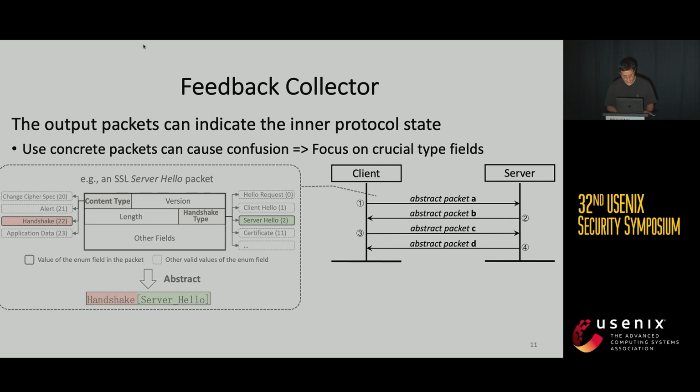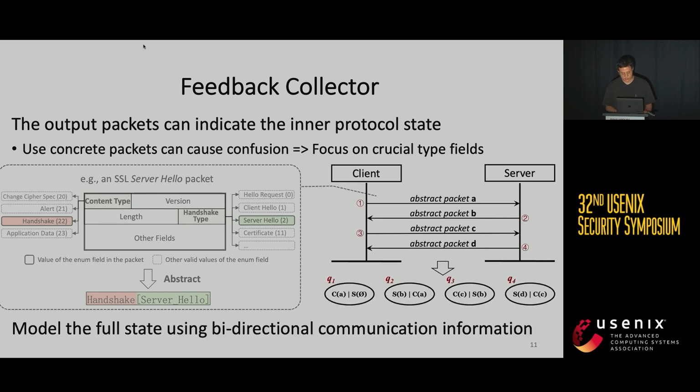Each abstract packet only indicates the temporal state of one protocol party. To model the full state of the bipartite protocol system, we incorporate bidirectional communication information. For instance, the state Q2 in the figure means that the server responds with packet B after the client sends a packet A. We identify the state of each output for each input and connect the states to form a state trace.